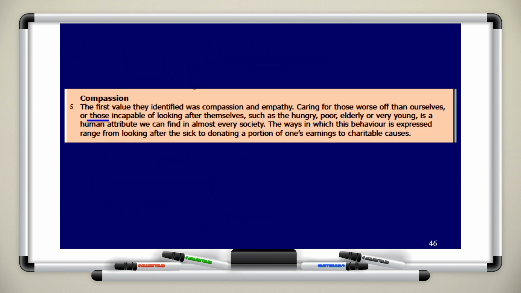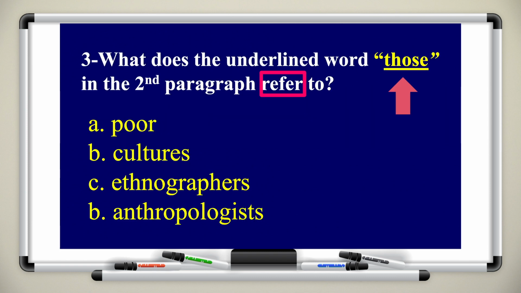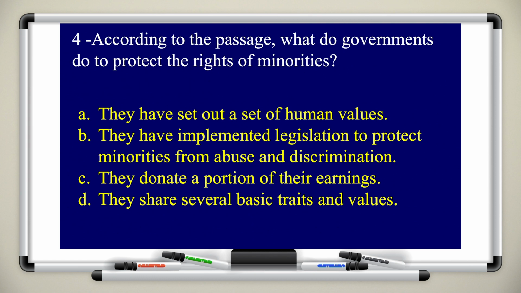The first value they identified was compassion and empathy, caring for those worse off than ourselves or those incapable of looking after themselves. Those incapable of looking after themselves, such as the hungry, poor, elderly, or very young, which means we have to search for one of these in the multiple choice, and here we go. We have poor.